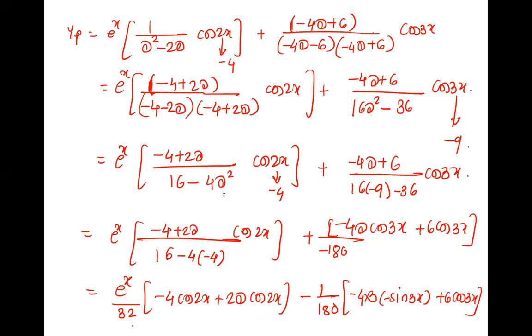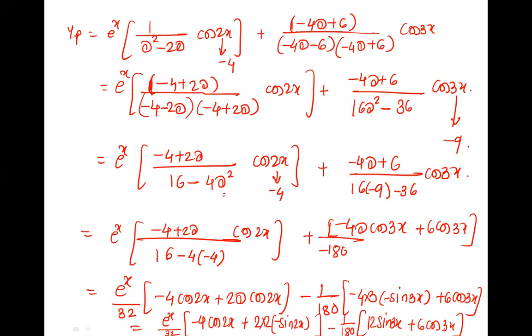Okay, now here we have to take the derivative. e raised to x, दिसतंय का इकडचं? नाही ना? बट पुढे घ्यायला अवघड आहे, लक्ष द्या. Minus 4 cos 2x plus 2 into what is derivative of cos 2x? Minus sine 2x into 2. Right. Yes. And this is as it is minus 1 upon 180. This minus minus plus 12 sine 3x plus 6 cos 3x.